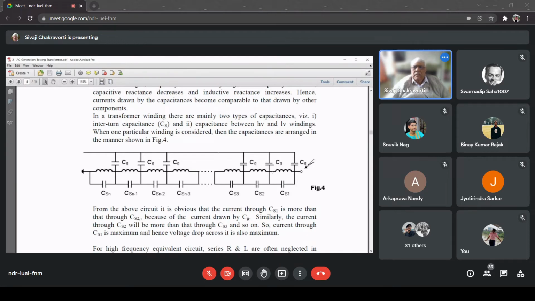Then between the disc and the tank, where there might be oil as dielectric, so there will be some capacitances. Let's call them as the ground capacitances. So we have the series capacitances, we have the shunt capacitances, which are the ground capacitances.